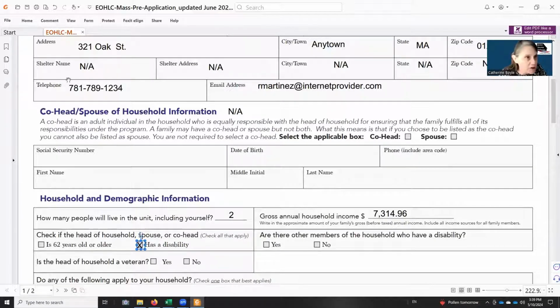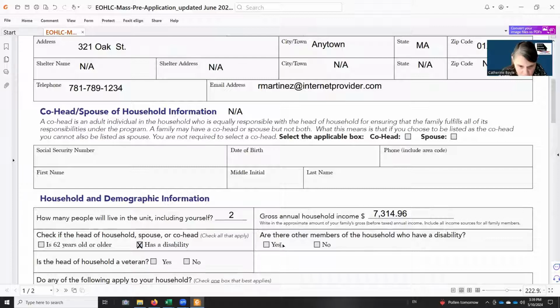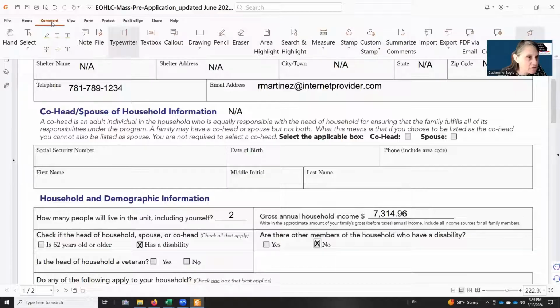Are there other members of the household who have a disability? And no, there are not. And Anita is a household of one, furthermore. So we are going to say nobody else has a disability. So we are going to put that right there. And again, I'm just going to scooch it over a little bit.